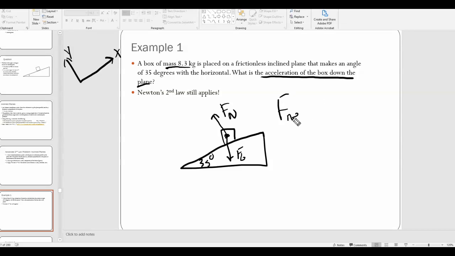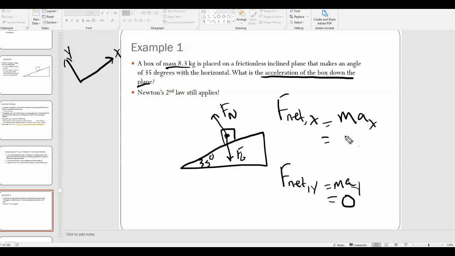Like any second law problem, we go to our second law equations. We determine is the object accelerating. So I have F net x, F net y. I know because it's an inclined plane problem that this side is automatically 0 because there's no way it's moving in the y direction. And in the x direction, I ask, is it accelerating? And the answer is probably yes, because it's asking me to find the acceleration.